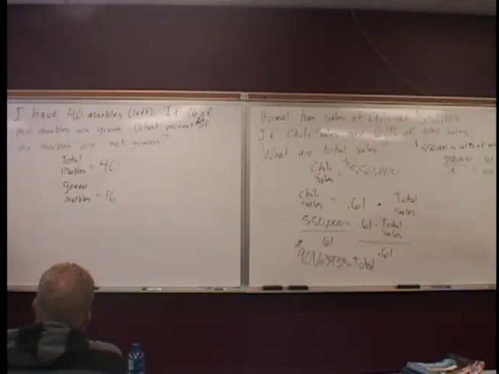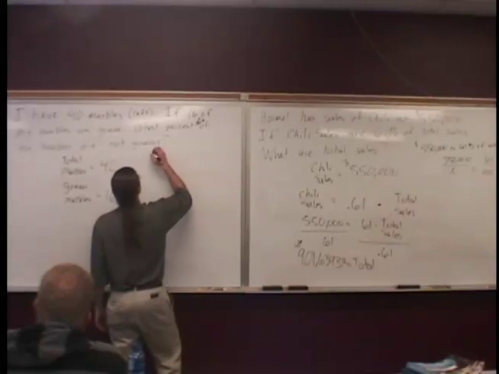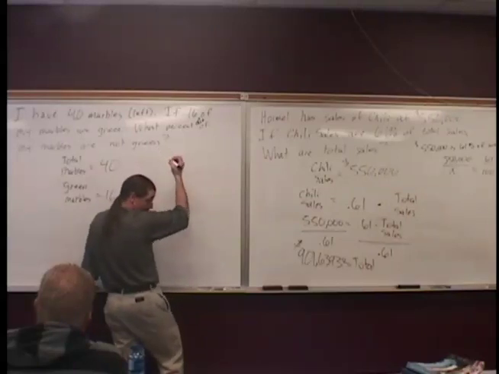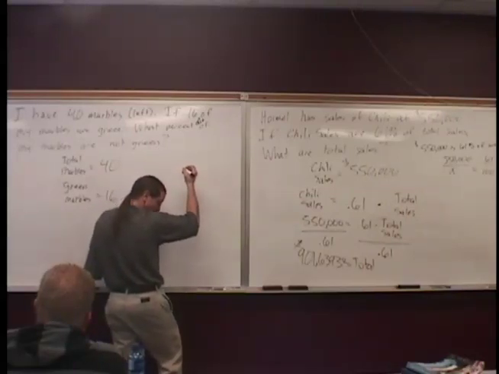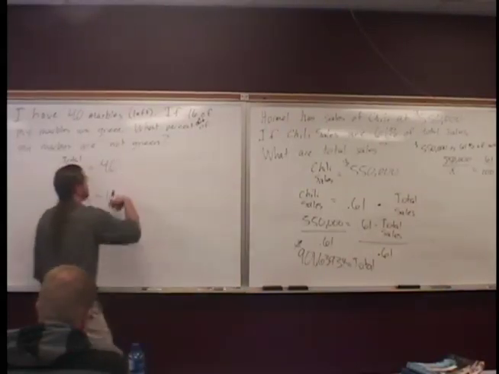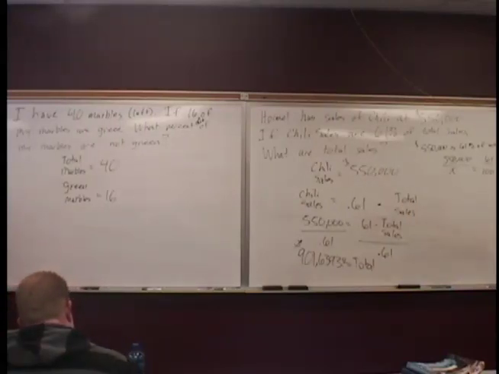How do you figure out a percent? How would I do it? Exactly. We would take 16 divided by 40, and that would be my percent as a decimal. You'd have to convert it into a decimal.